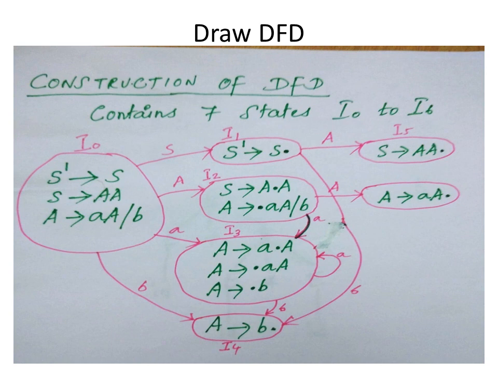Here, first the productions are written from the grammar with the augmented production, which is S dash implies dot S, and S implies dot capital A, A, and the third production is capital A implies dot small a capital A / small b.